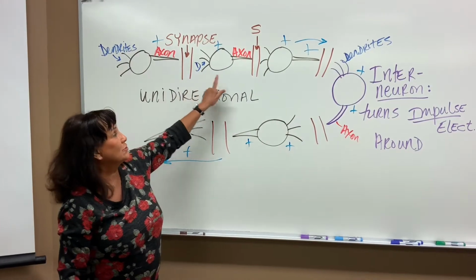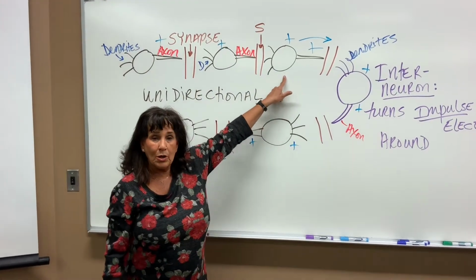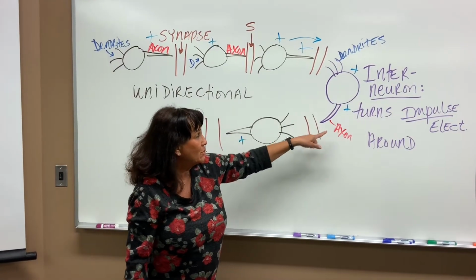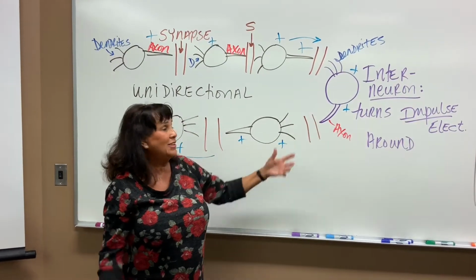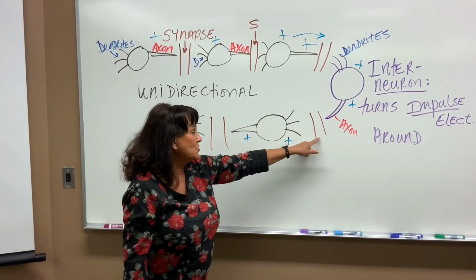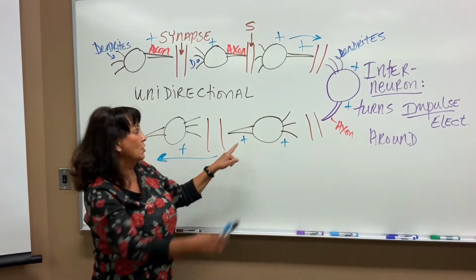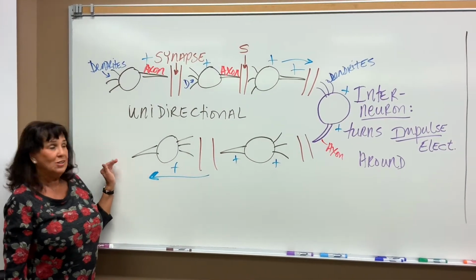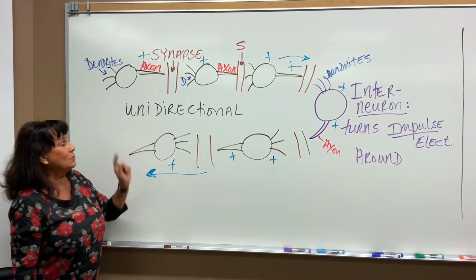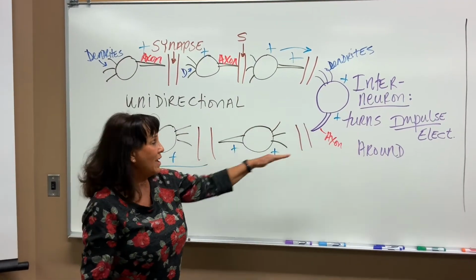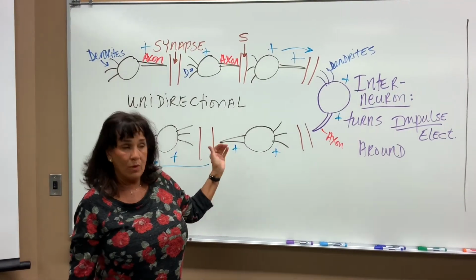All the neurons are lined up like little railroad cars, and then you've got one that turns the electricity around, called an interneuron, and it's just a plain old neuron, dendrites and axon, and then here's the space, and then the electricity is going to go back in a unidirectional pattern. So unidirectional is the term for all the neurons going one way, and then they turn around and come back one way.